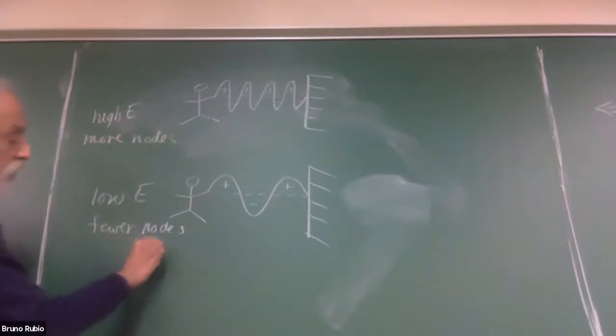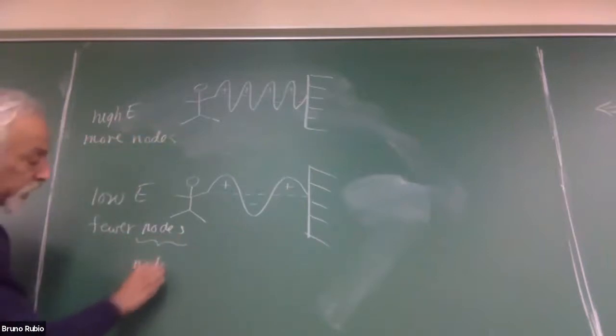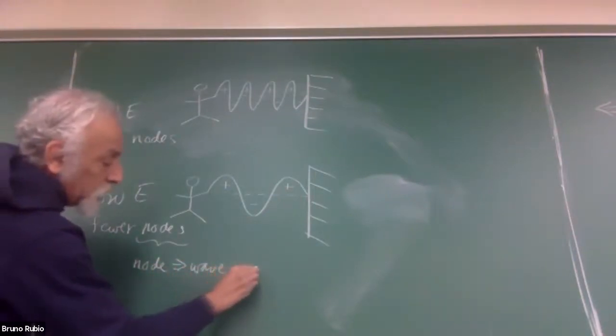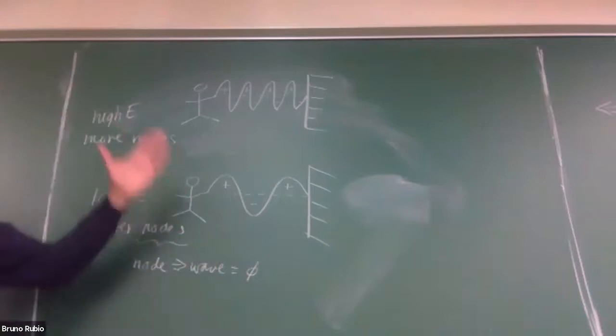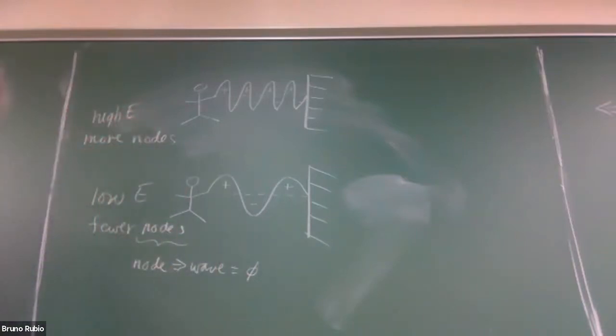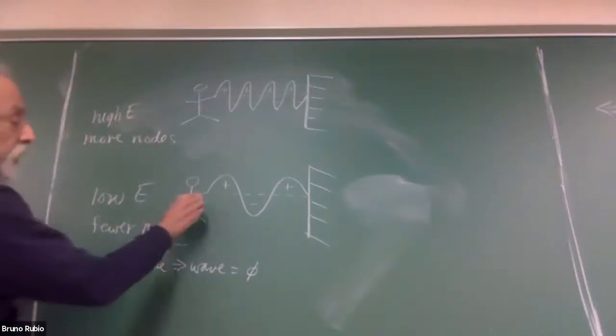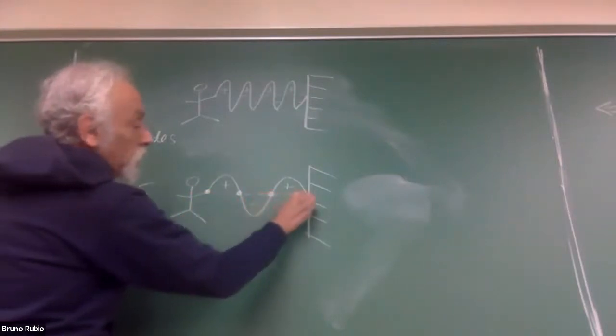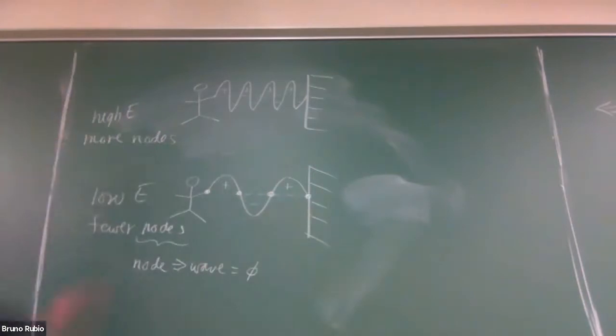And what is a node? A node is where the wave is equal to zero. It has neither positive deflection nor negative deflection. So there's a node, there's a node, there's a node, there's a node. So this low energy wave has 4 nodes.